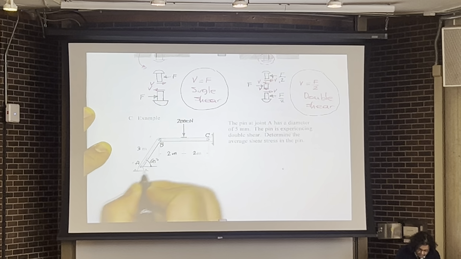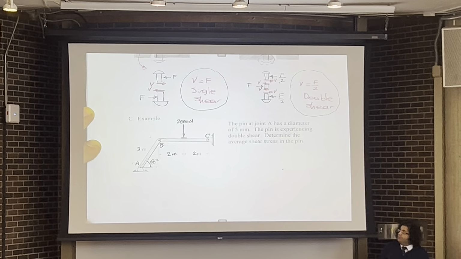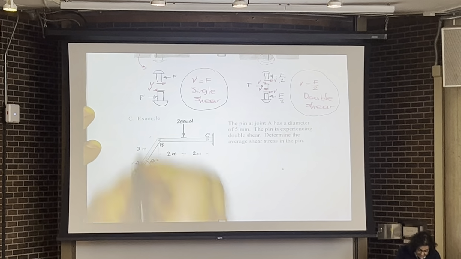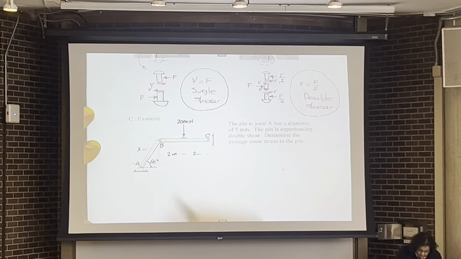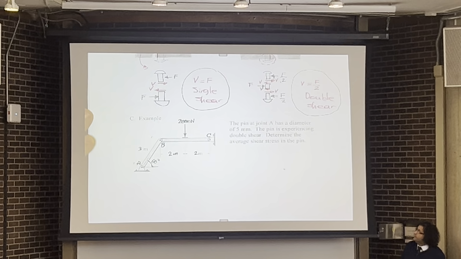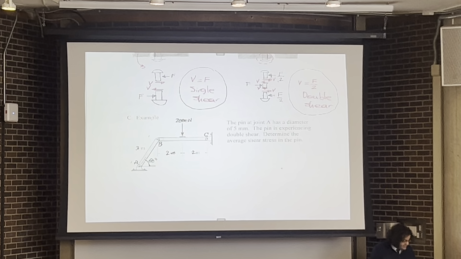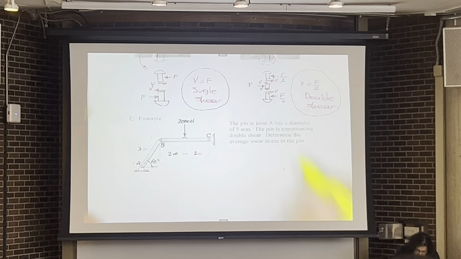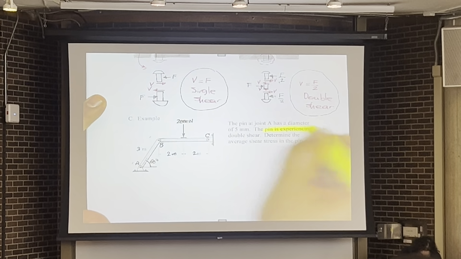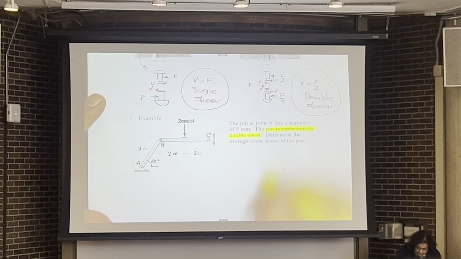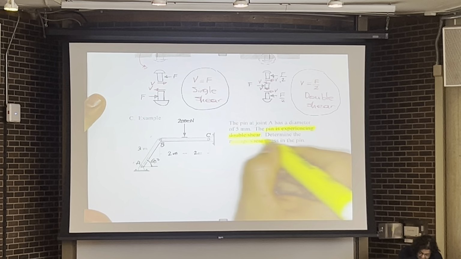And this is the angle. We have a pin support, and these two members are connected together at joint B. The problem is asking that the pin is experiencing double shear. Determine the average shear stress in the pin.